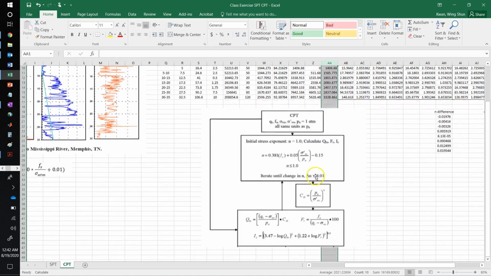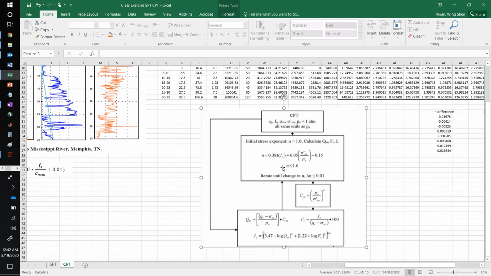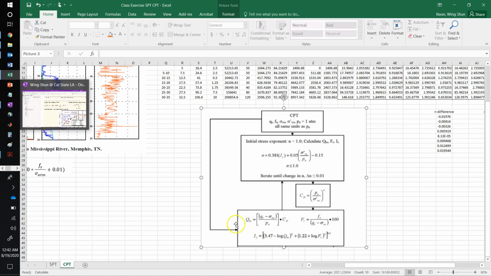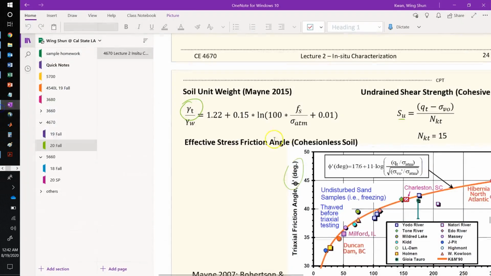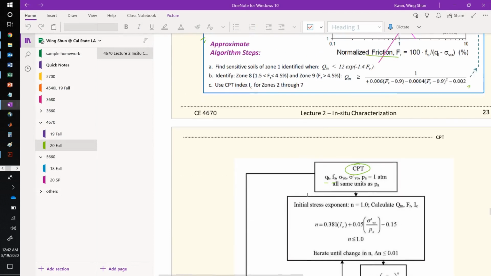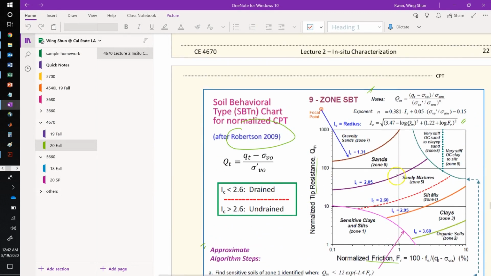And the next thing is this Robertson procedure helps us to convert those CPT raw data into those normalized parameters that we need, which is the normalized tip resistance, normalized sleeve friction, and also the I sub C parameter. We need those parameters to do our soil classification.